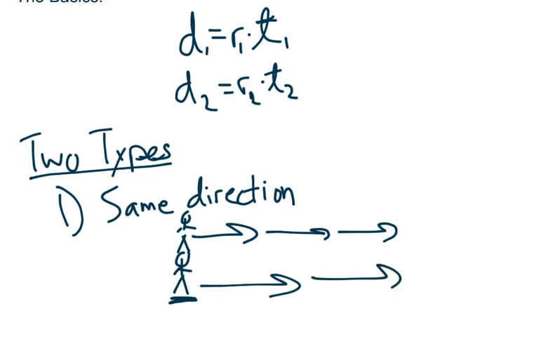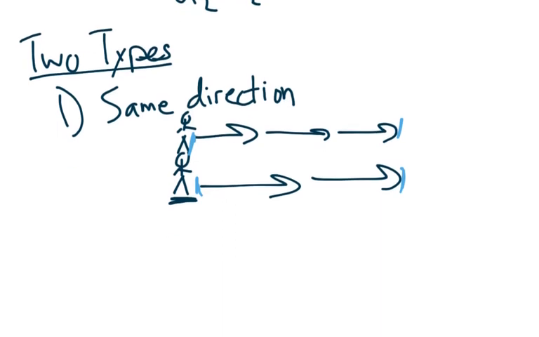So when we're talking about same direction, what we're really curious about is when this distance is equal to that distance. And so our method for solving same direction is D1 equals D2.